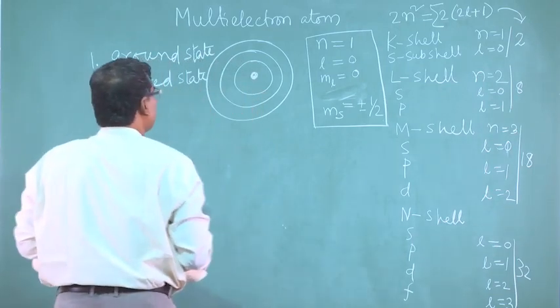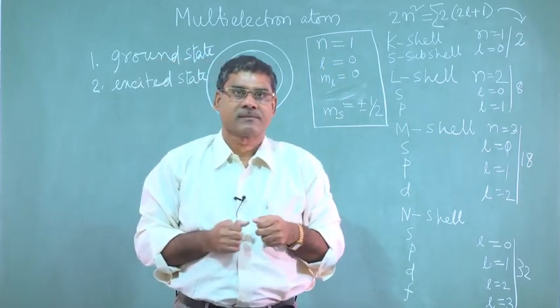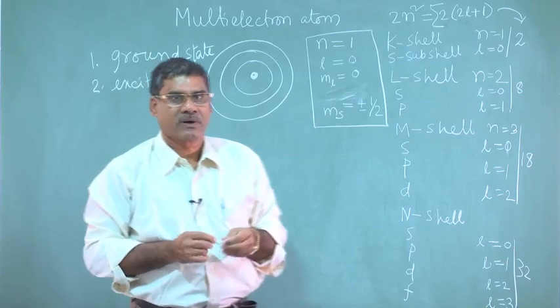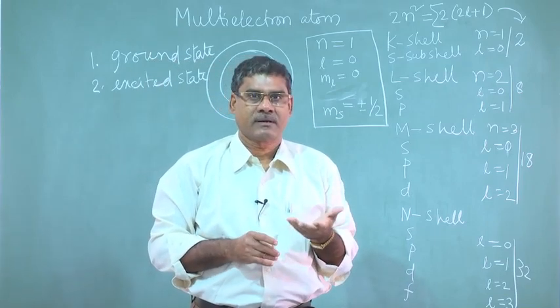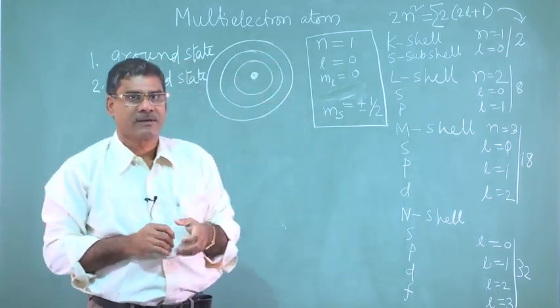The rule, or the energy expression, tells that the smallest n and smallest L will be the quantum numbers for lowest energy.